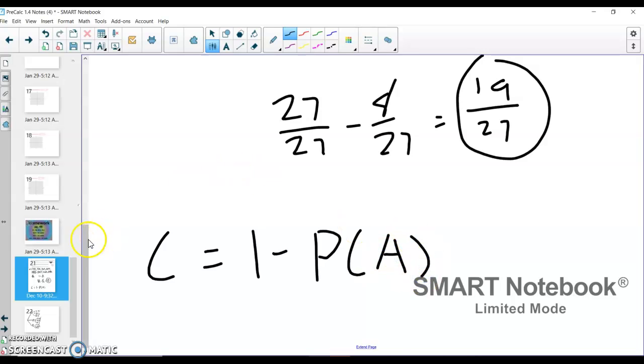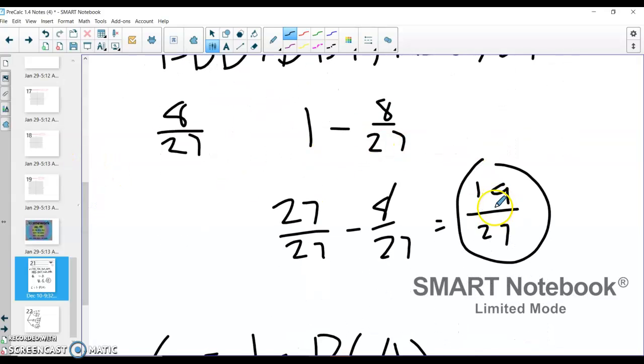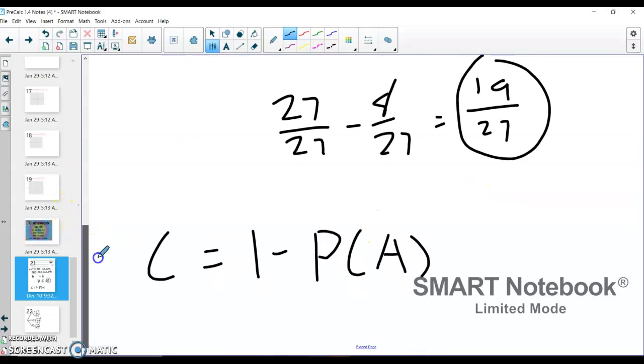That can be useful in a situation like this, where 8 events of it not happening is not that many. But if I had to try to list 19 of the options, that's a lot more. So the complement makes this an easier problem, knowing that we can do 1 minus the probability of the event not happening to find the probability that it will happen.